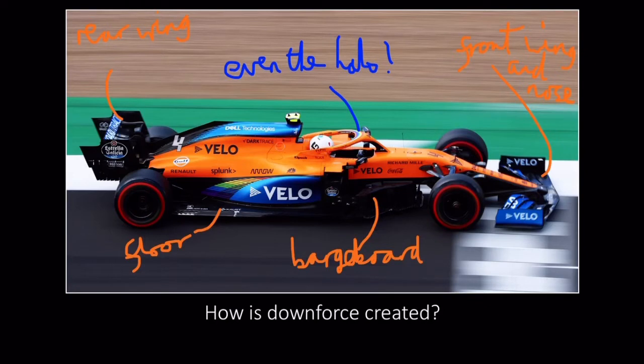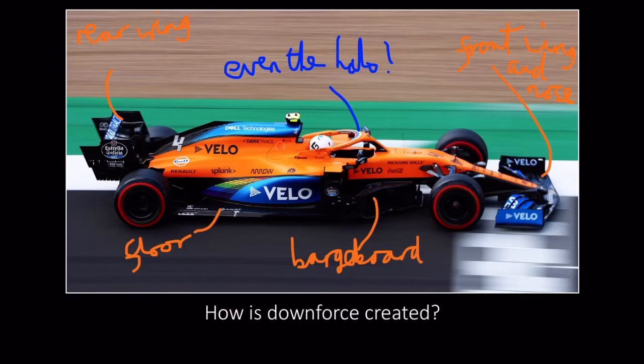Now there's the barge board and even the halo, which contributes to the overall balance of the car. There's the floor, which produces downforce towards the rear, and also producing downforce for the rear is the rear wing, obviously. Now, this is only to name a few of the things that produce downforce on this car. So there's also the diffuser, the side pods, and much more.